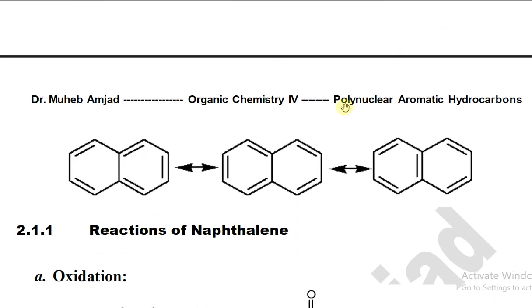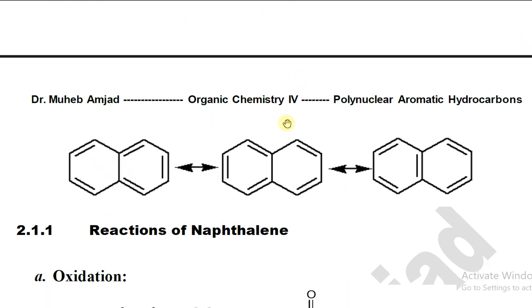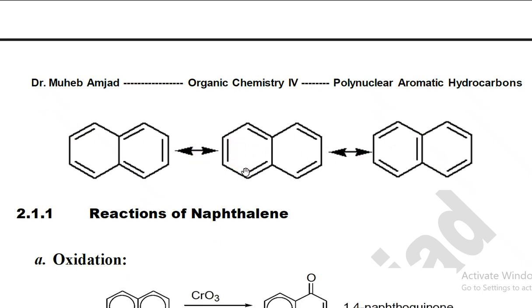It is highly stable. This is the first resonance structure, this the second, this the third. So we have three resonance structures here. This bond will move to here, this bond to here, and this bond to here, to give you the second structure.